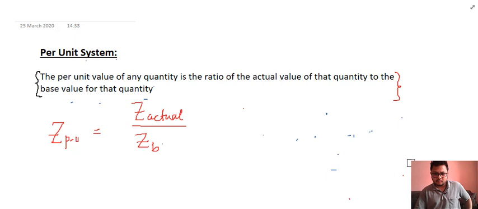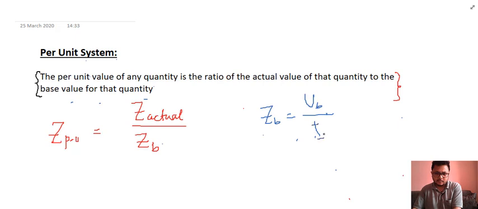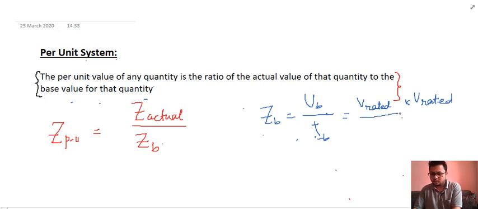So impedance means what? Impedance base means voltage base by current base. V by I is equal to Z. So what you can write is voltage rated by current rated.